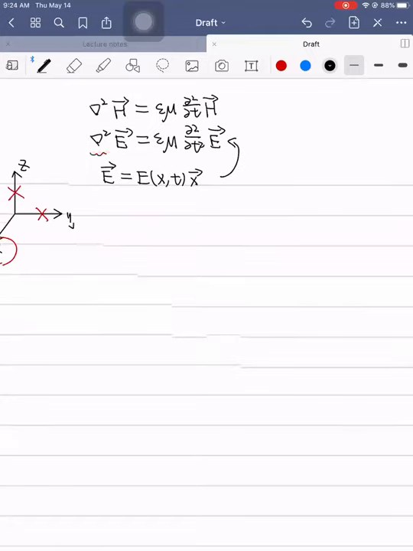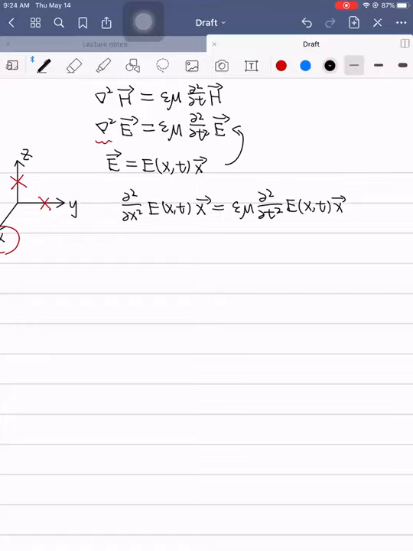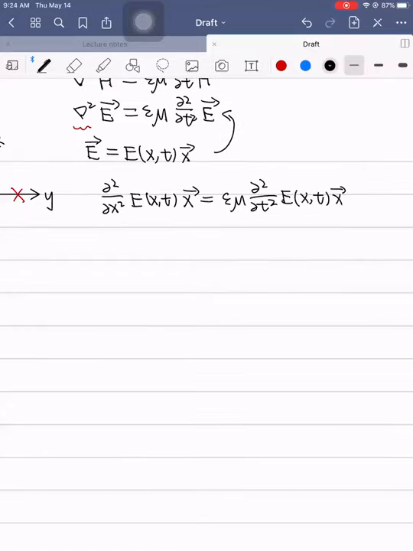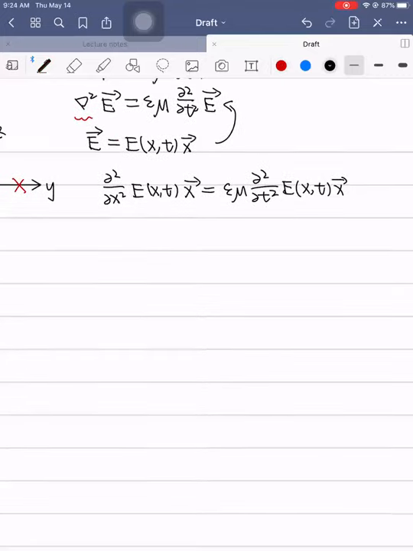We can get the following. Both sides are vectors, but clearly the magnitudes should be the same.